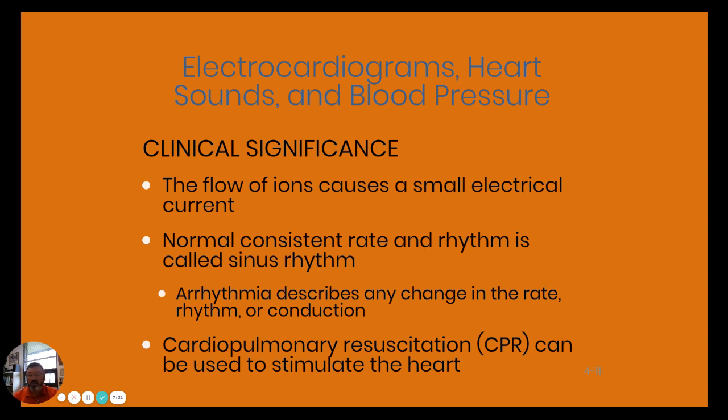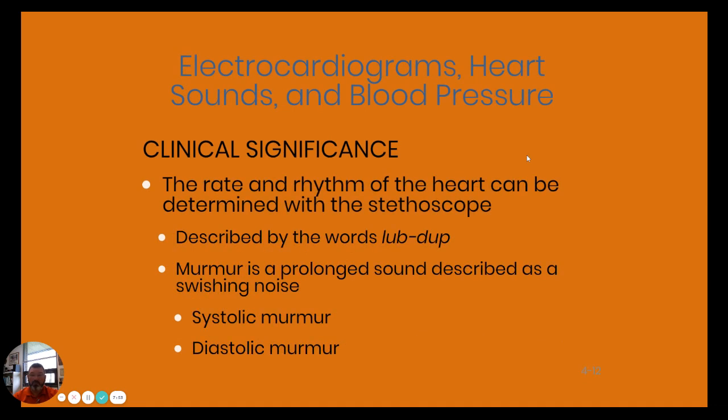Small ions cause that electrical current, which is what triggers those things to work. And then, of course, when we get things out of whack from that normal, consistent sinus rhythm, or have arrhythmias, as we call that, then you may have to undergo something like CPR to try and stimulate the heart to get back into rhythm.